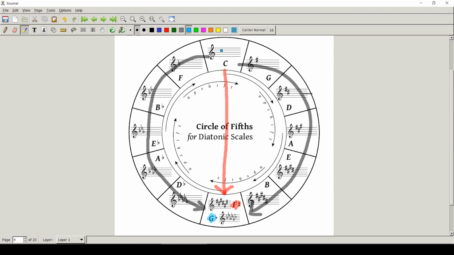So for example, if I think about what happens to my note C in C major, if I upshift, C becomes C sharp. But if I downshift, C becomes C flat. So we have a tie, two different possibilities for going upshift or downshift to get between these two keys. And they're directly across from each other on the circle here.